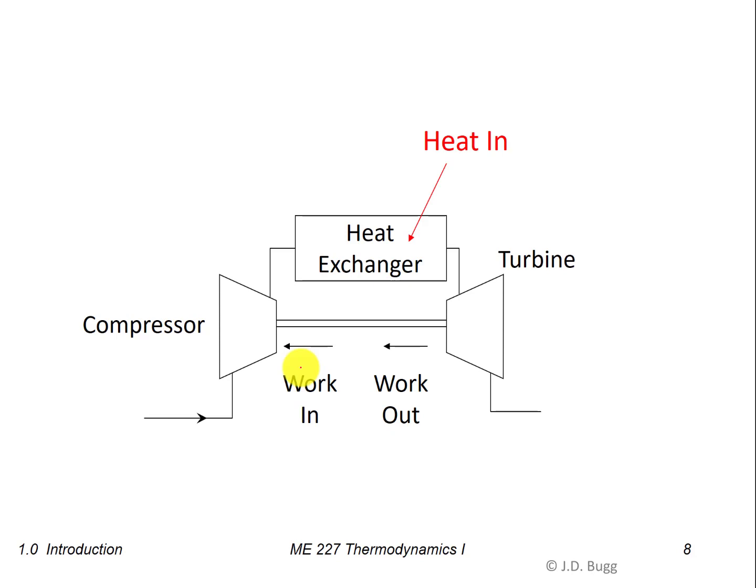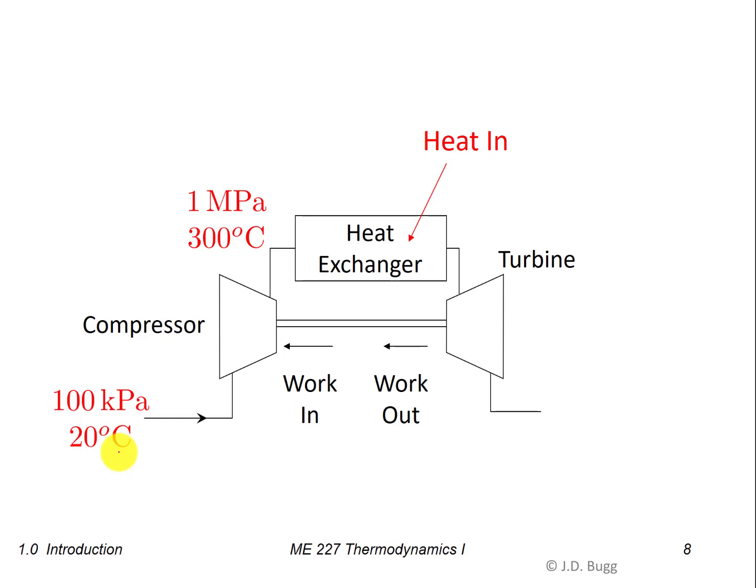Now the next thing that happens in this particular cycle, so now we'll look at some typical properties, just like we did in the Rankine cycle. So this is air, remember, so we have 100 kPa, 20 degrees C, basically atmospheric conditions. When we pressurize a gas, both the pressure and the temperature go up. Notice when we pressurized the water in the last cycle, the temperature basically didn't change and the pressure went up.